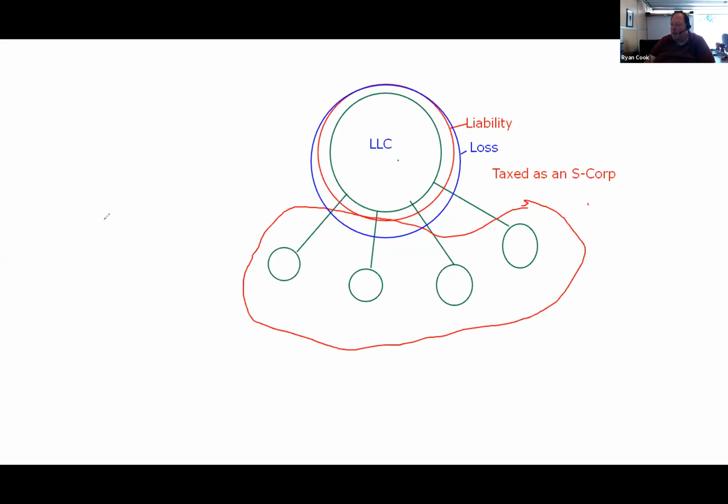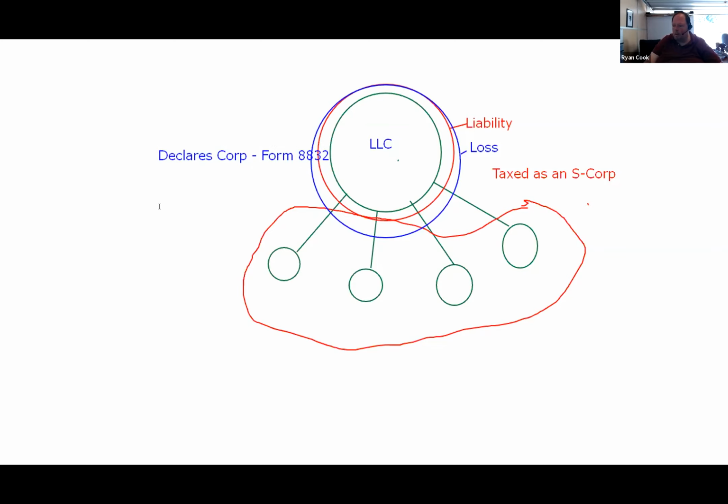Okay, and that's if it declares that it is a corporation. It must declare it is a corporation, and that's with a form 8832.